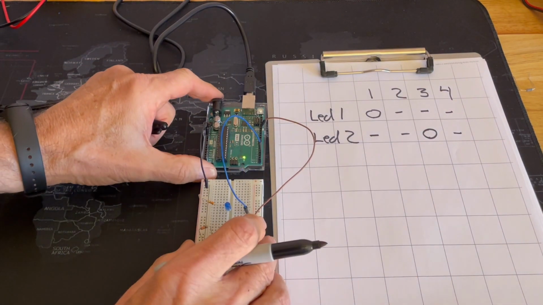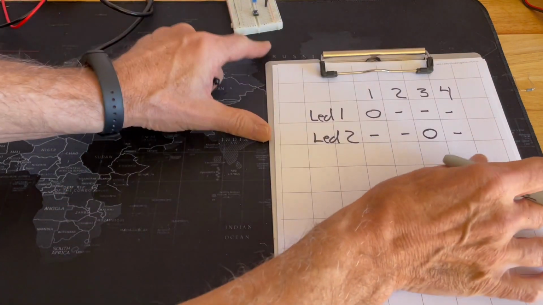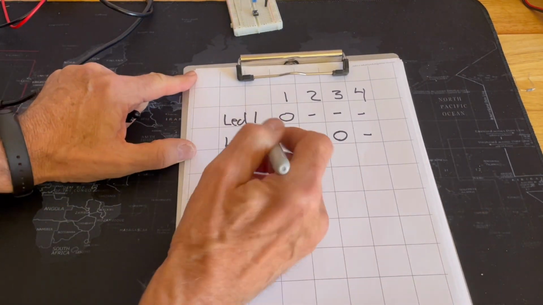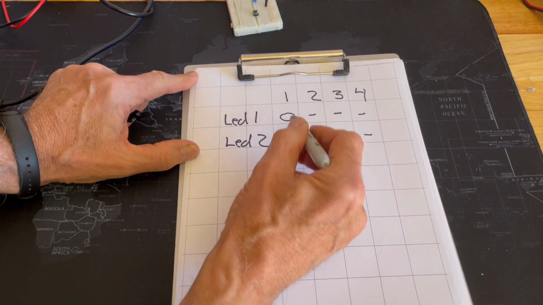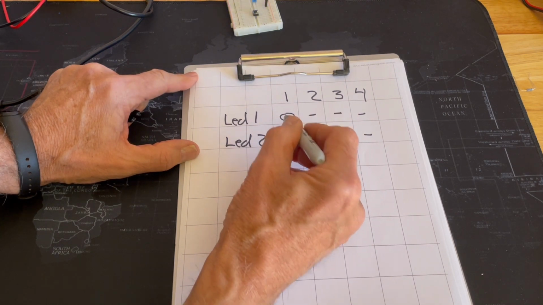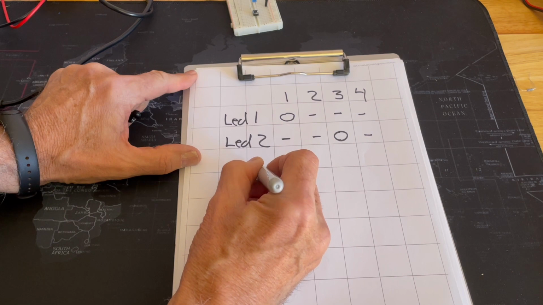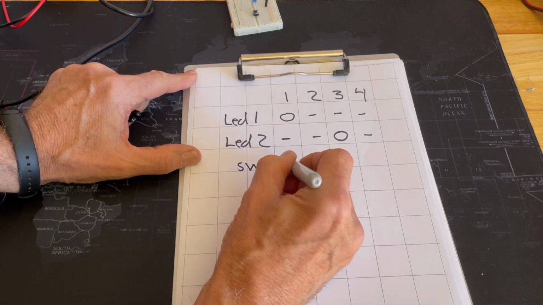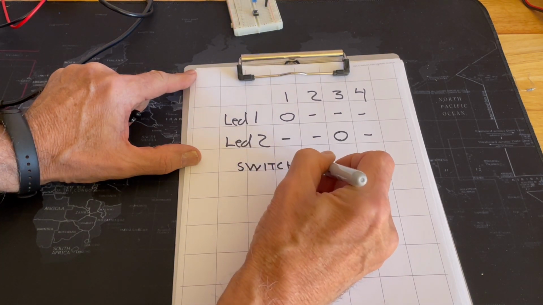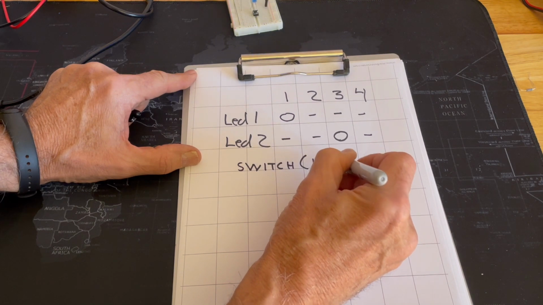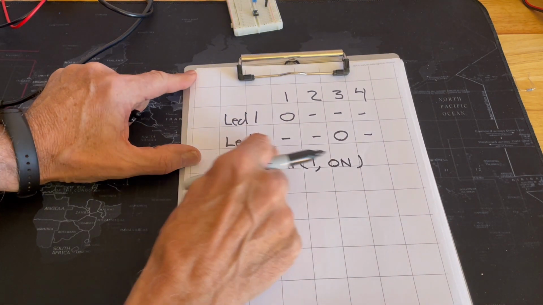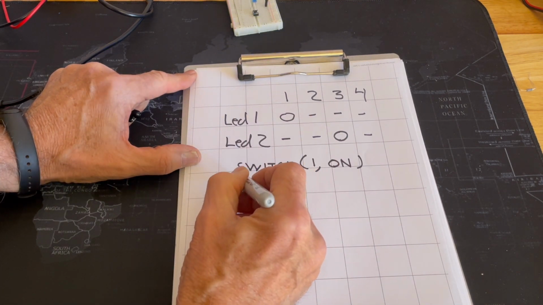Let me just move this light out of the way. So beat 1 here, or that first second, LED light 1 is on. And let's just use that code we used before, which is switch 1 on. And LED 2 was off, so let's do that one too.